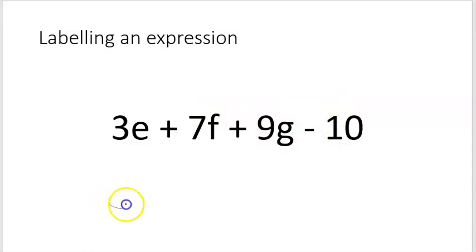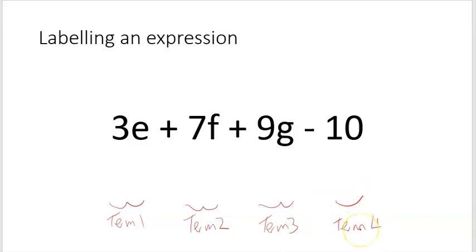So I know that 3e is term 1. I know that 7f is term 2. 9g is term 3. 10 is term 4. So there are 4 terms in that expression.